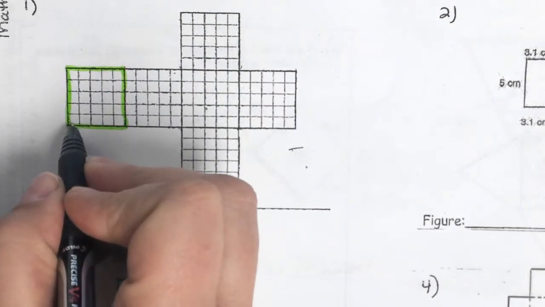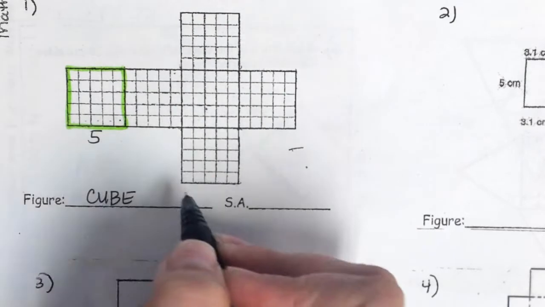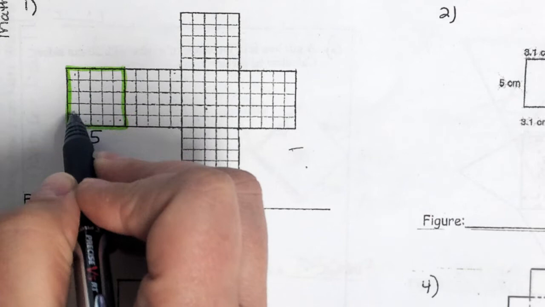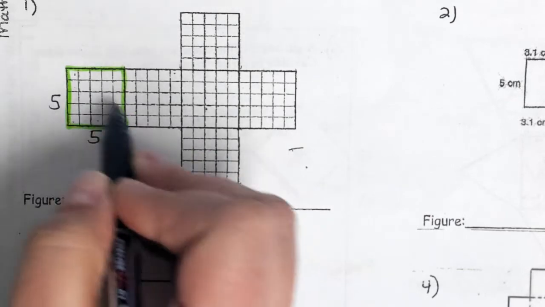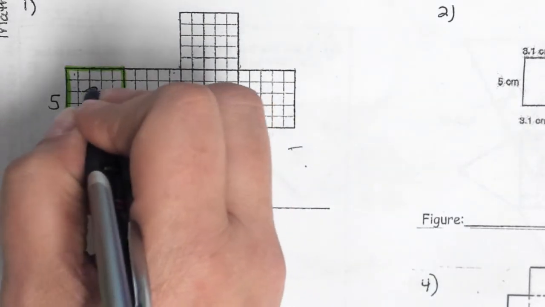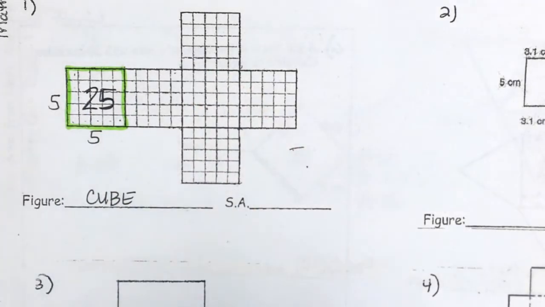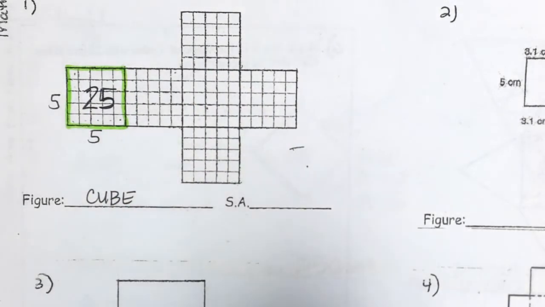So if we look at this, we have 1, 2, 3, 4, 5 units. 1, 2, 3, 4, 5 units. So each of these squares is a 5 by 5 square. So your area for that square would be 25 units squared. I'm not going to figure out the rest of it for you because I think you should be able to figure out your area from there.